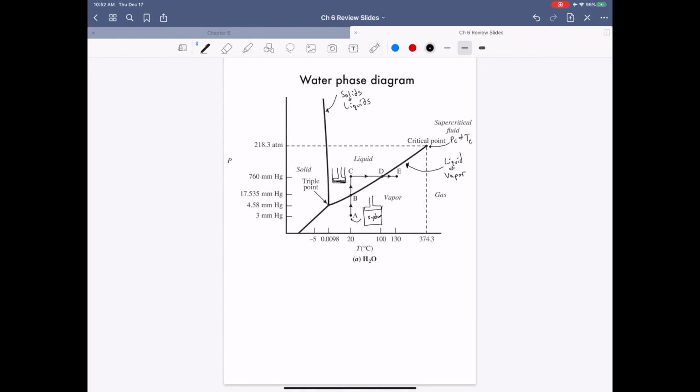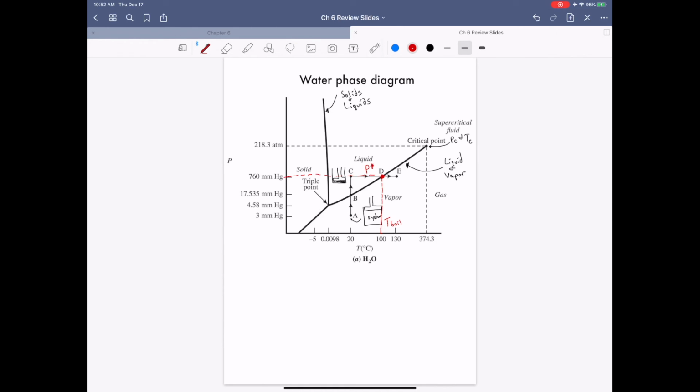The last thing I'm going to point out on this phase diagram, in particular at the coexistence line between the liquid and the vapor, so let's focus on point D here. At this coexistence line, the pressure that corresponds to the coexistence line is going to be the vapor pressure of water, P star, and the temperature that corresponds to that coexistence line is going to be the boiling point temperature.